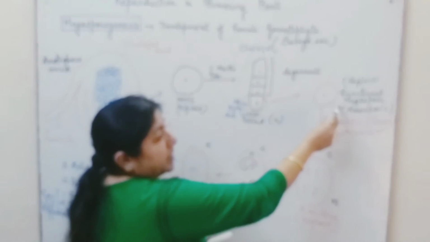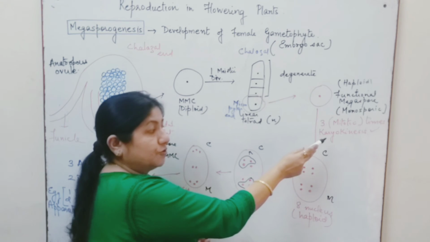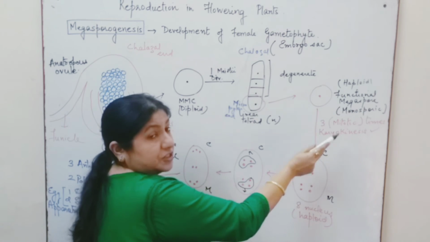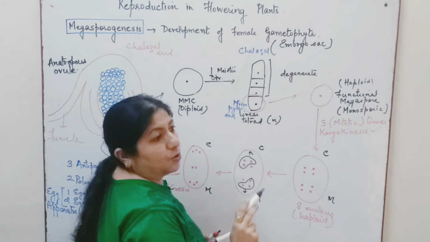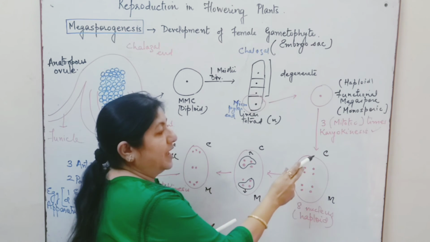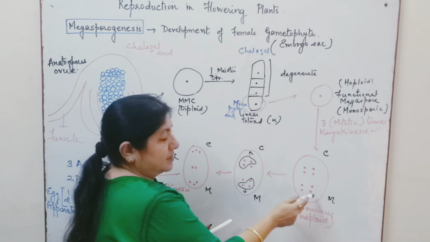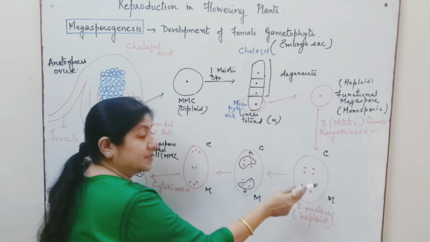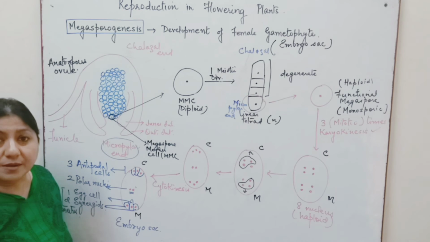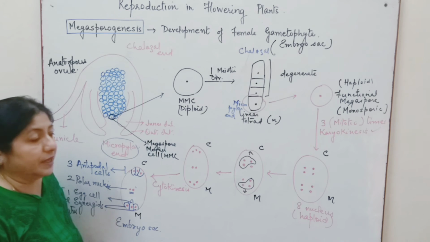This functional megaspore undergoes three mitotic divisions, characterized by karyokinesis only but no cytokinesis, due to which there is a formation of 8 nuclei. Since no cytokinesis has taken place, we also call these divisions free nuclear.